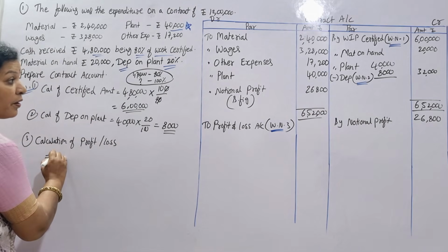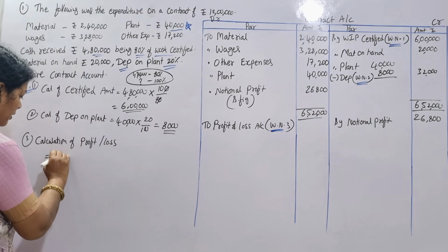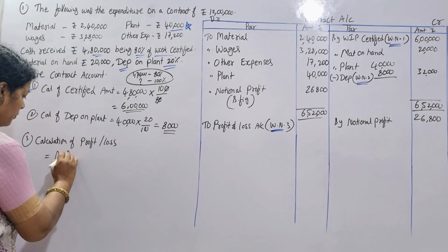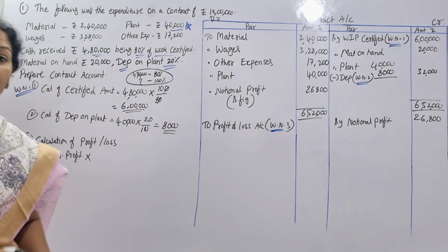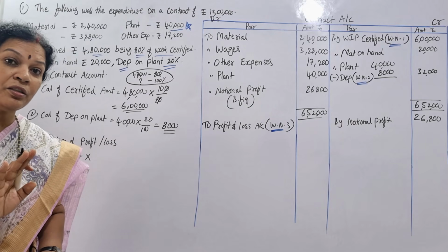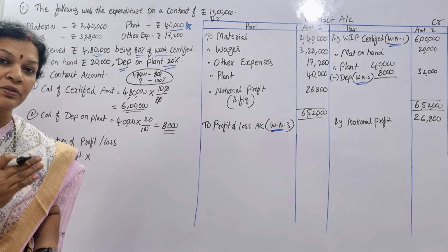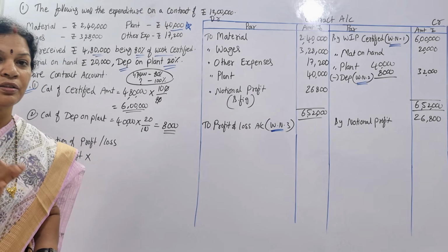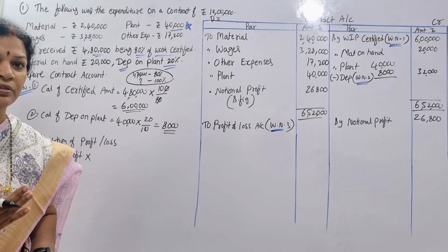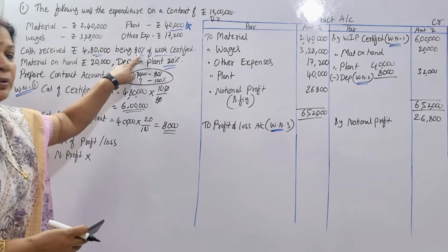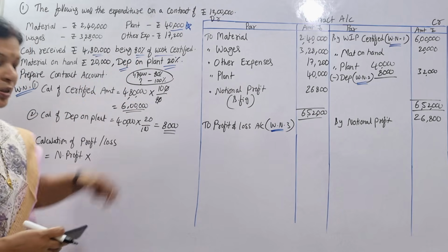If you want, you can write the formula also. Notional profit into how much? 1/3 if the work completed is between 25% and 50%. Above 50% to below 90% is 2/3. Here it is 80%, so it comes under 2/3.